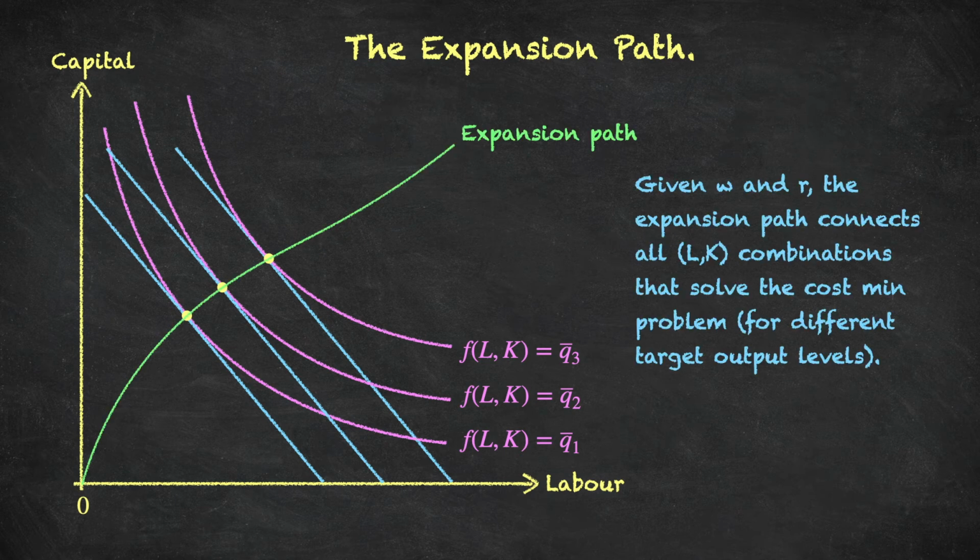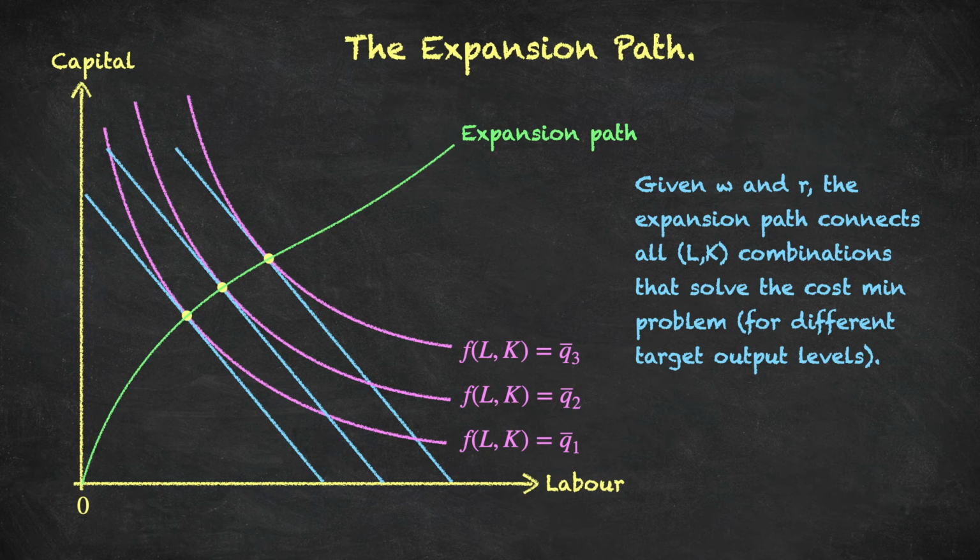If I draw a curve through each of these points, you could see that every point along this curve is going through a point where the equation marginal rate of technical substitution equals minus W over R. And we call this curve the expansion path.